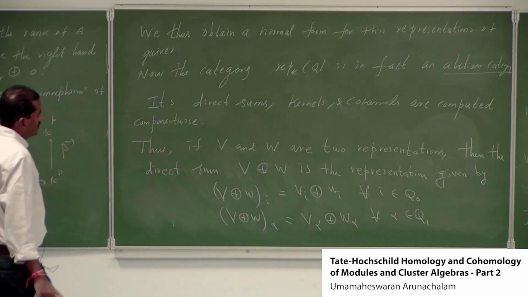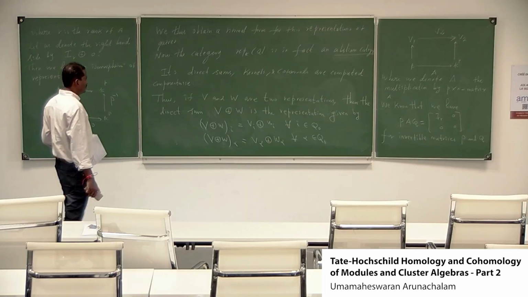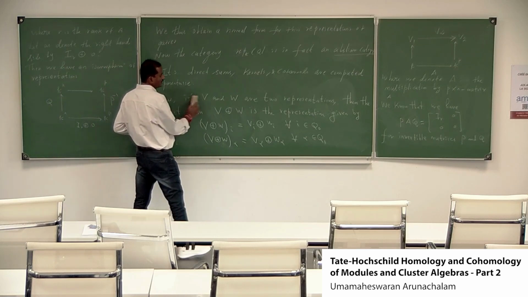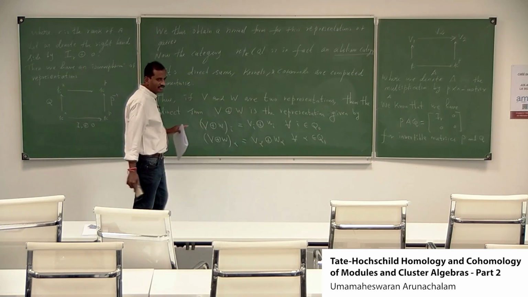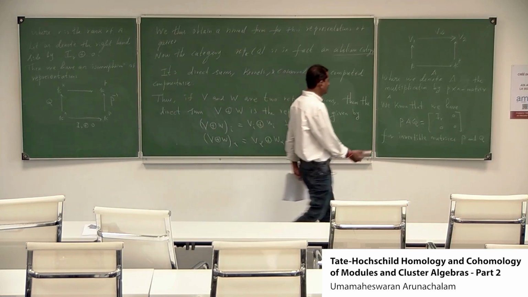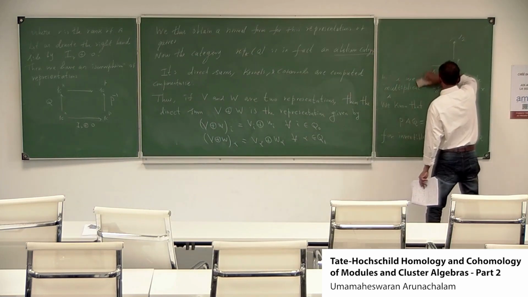So its direct sums, kernels and co-kernels are computed componentwise, and thus if V and W are two representations, we can define the direct sum like that.